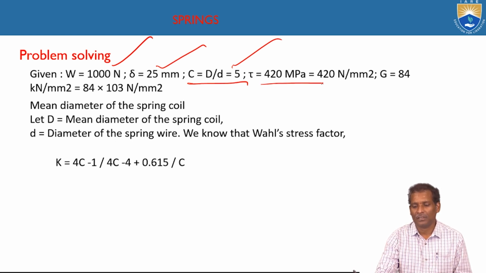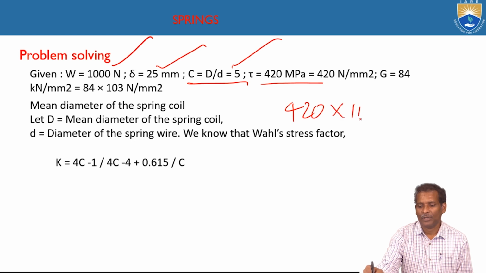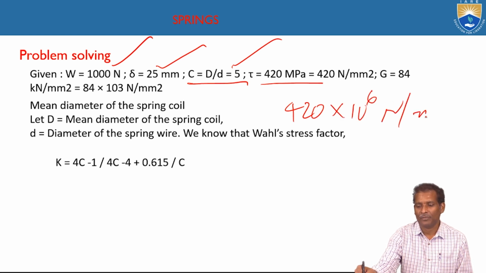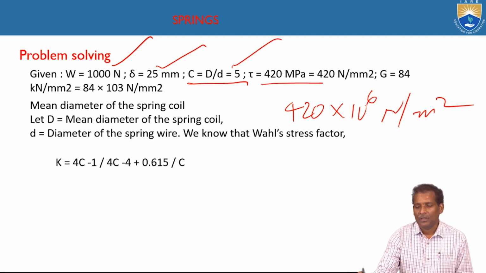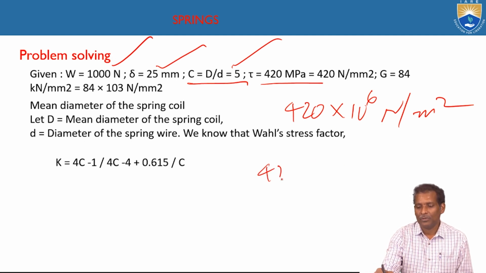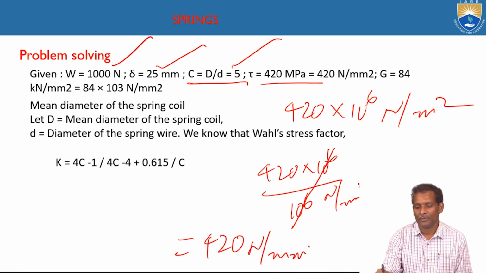So this is converting to Newton per mm square. So 420 megapascal is 420 into 10 to the power of 6 Newton per meter square. And again convert into mm square. So 420 into 10 to the power of 6 by 10 to the power of 6, you will get Newton per mm square. So 10 to the power of 6 and 10 to the power of 6 get cancelled. So the same value in Newton per mm square.